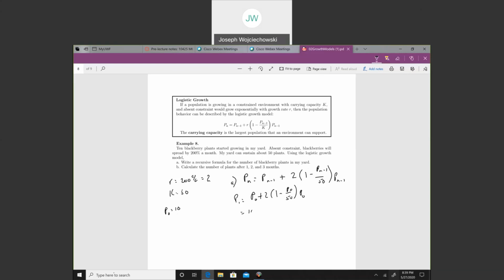So we started out with 10 plus 2 times 1 minus 10 over 50 times 10. So I have 10 plus 2 times, 10 over 50 is 0.8, so 1 minus that is 0.2, times 10. This becomes 10 plus 16, which is 26 plants.